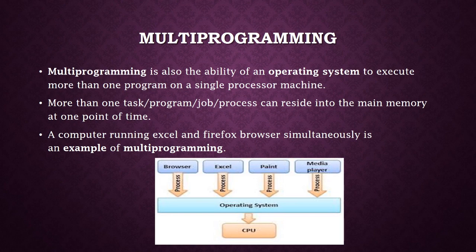Multiprogramming is the ability of the operating system to execute more than one program on a single processor. So more than one program can reside in memory at a given point of time. The diagram below represents the multiprogramming system where applications like Excel, Firefox and others can be loaded into memory at a single point and executed simultaneously.